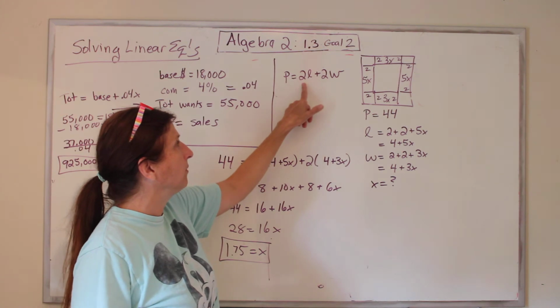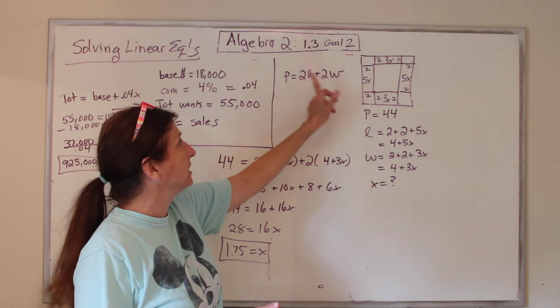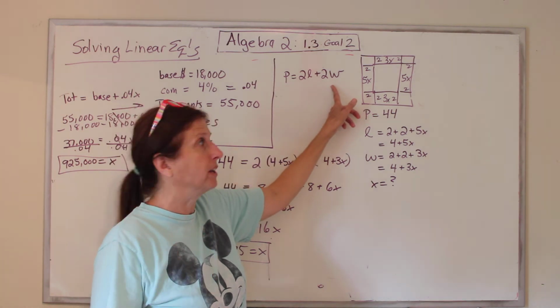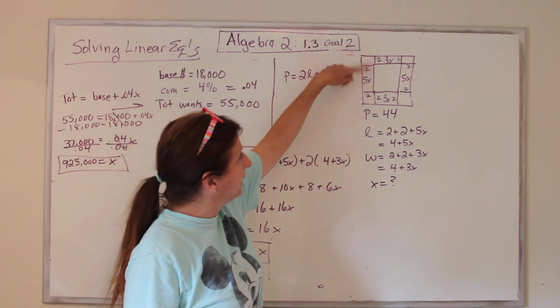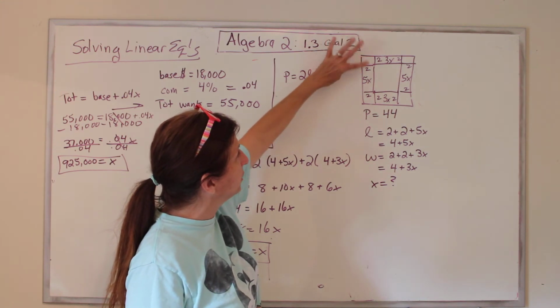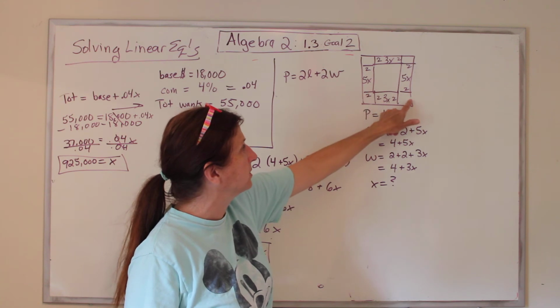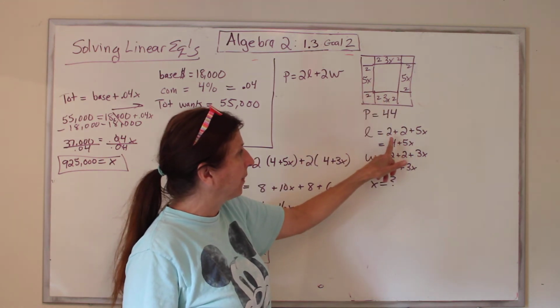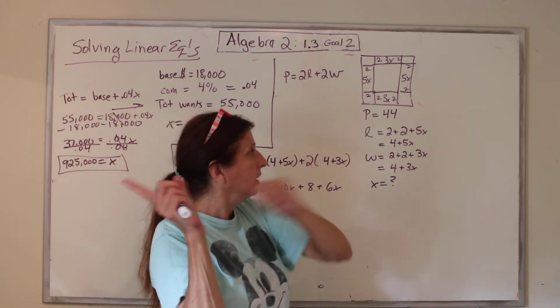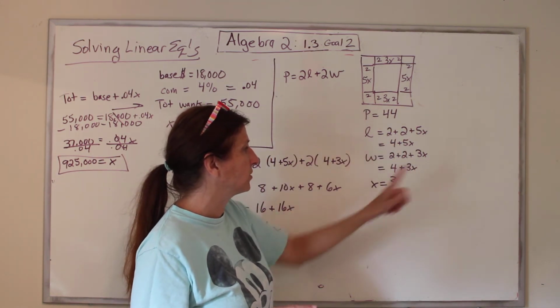Alright, so the formula for perimeter, I write, perimeter is 44. The formula for perimeter is 2 times the length plus 2 times the width. By tradition, written in cursive. That's why you learn cursive, right? So the length here is 2 plus 2 plus 5x. And the width here is 2 plus 2 plus 3x. And then we gather our terms. 2 plus 2 is 4 plus 5x, and 2 plus 2 is 4 plus 3x.